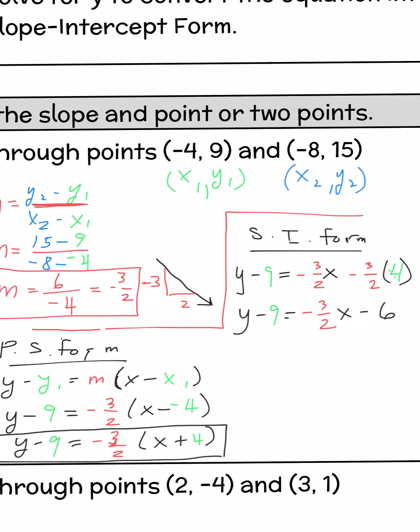And then I'm going to go ahead and add 9 to both sides. And I'm going to get y equals negative 3/2 x plus 3. And that is my slope-intercept form.